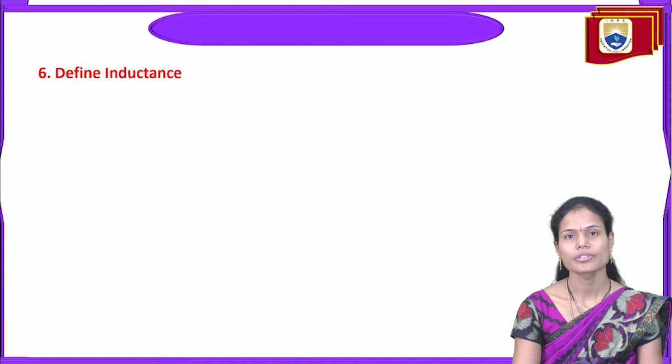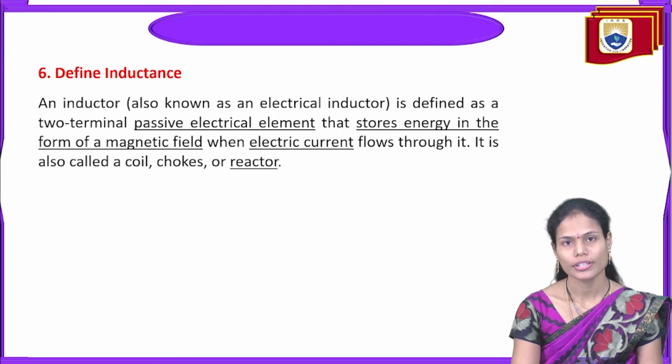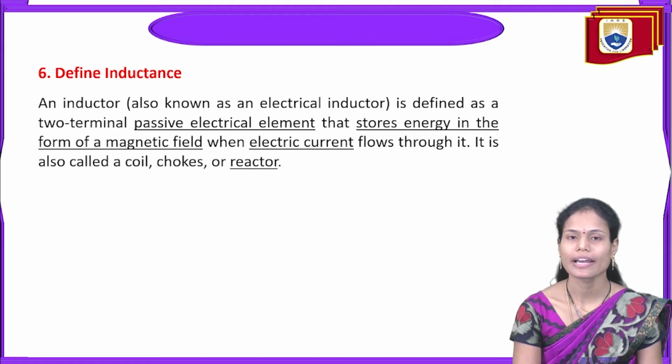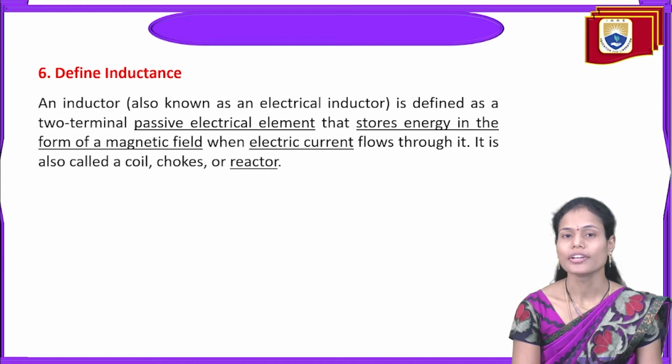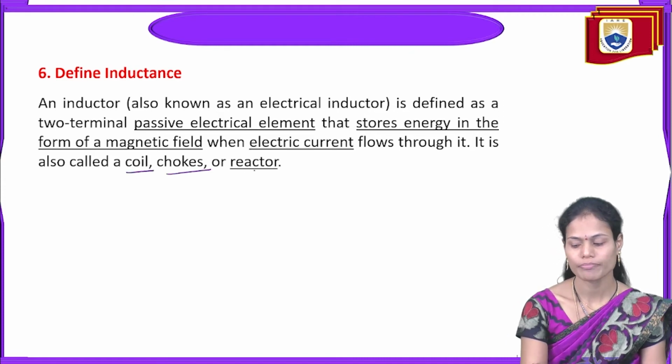And the next parameter is define inductance. Inductance is a passive element, also called an electric inductor. It is defined as a two-terminal passive electrical element that stores energy in the form of a magnetic field whenever electric current flows through it. It is also called a coil, choke, or reactor.